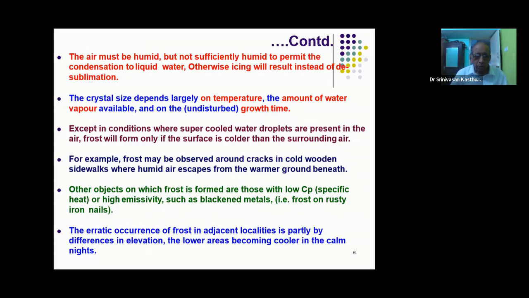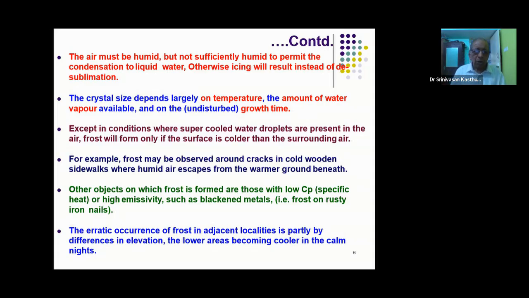Now, crystal size again depends on temperature, the amount of water vapor available, and also on the growth time. Sometimes wind blows, and then the ice crystals that have grown will be thrown off. So there should be undisturbed growth time for the ice to form on the surface of a material, except in conditions where supercooled water droplets are present in the air.